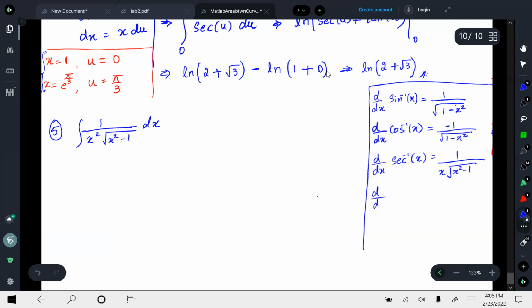And for cosecant inverse, the derivative is negative 1 divided by x times the square root of x squared minus 1. Remember these formulas.